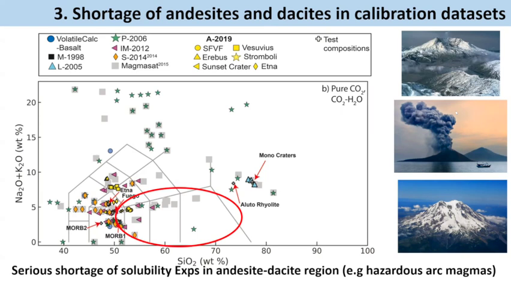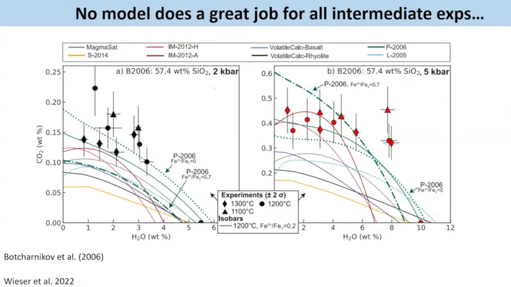are working. So to test how bad this was, we took some experiments in the literature from andesite and dacitic compositions, and we ran all of the models to try and see which behaved best. So for example, for Borchardt's experiments at 2 and 5 kilobars, you can see Papale does a pretty good job.